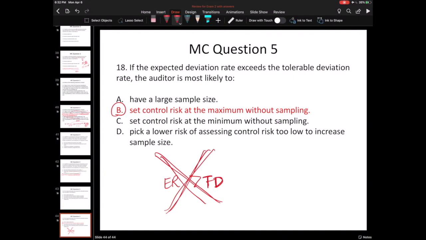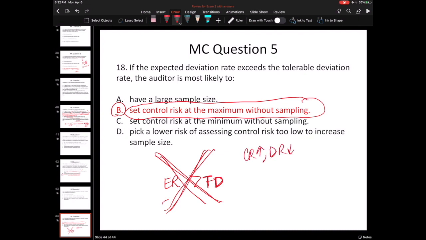So typically, in terms of expediency and efficiency of the audit, if you expect a control to fail before you start testing, you're just going to set control risk at max and do more substantive work.